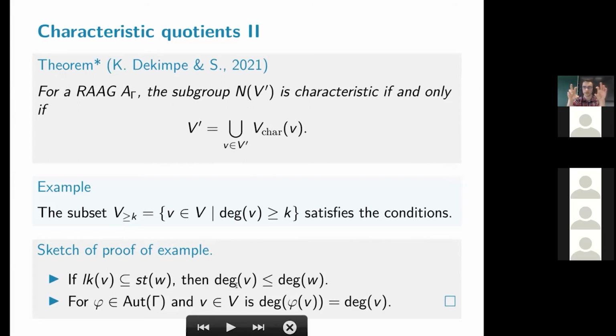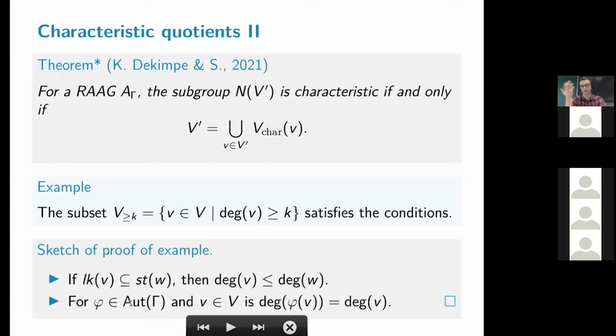Why? If they're not connected, then this relation is simply link of v is contained in the link of w. So the number of neighbors of v has to be at least the number of neighbors of w. And if they are connected, then this transforms into the star of v, and you have the same argument you can apply. So from this step, the degree can only increase. So you only add vertices in this step with higher degree.